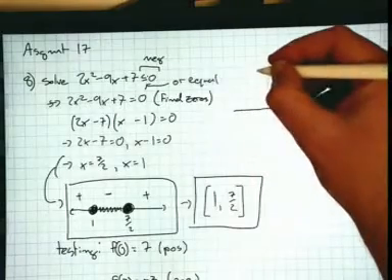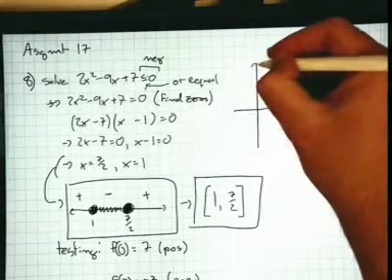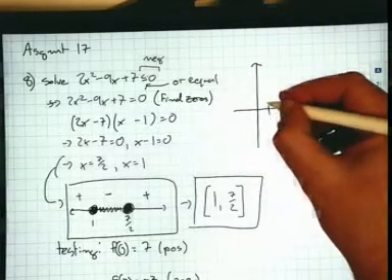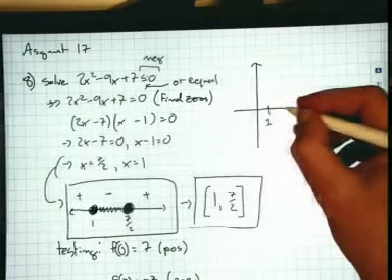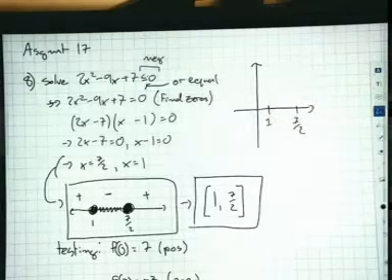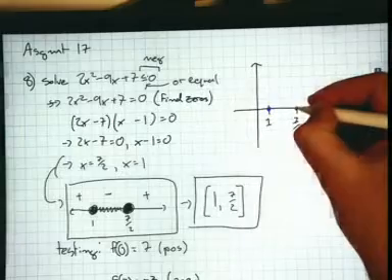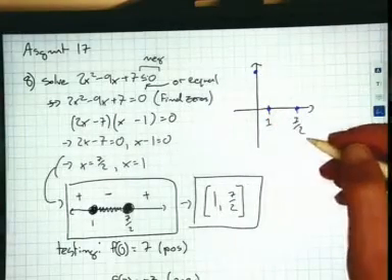Just to bring things home, if we were to graph this, I'm not going to do an excellent job graphing. Here's 1. Here is 7/2. So we know that when we graph, those are the x-intercepts. We have a y-intercept way up here at 7.